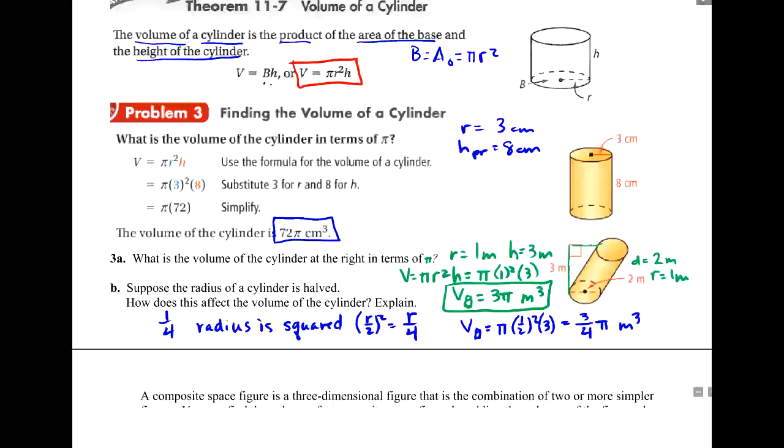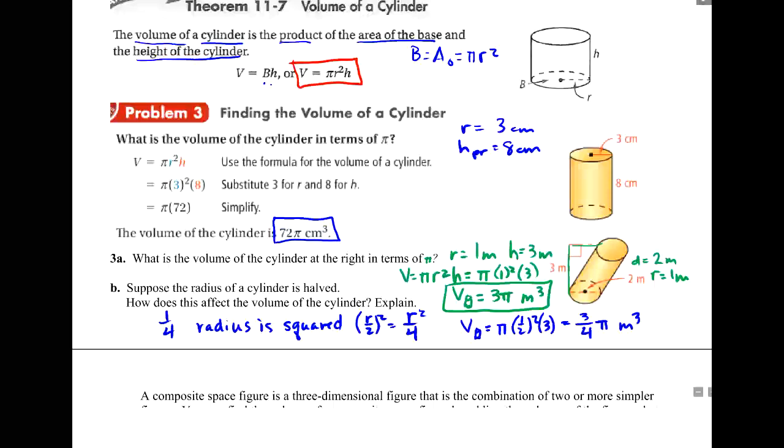The next question says, what if the radius of the cylinder is halved? How does that affect the volume? Well, it's going to be 1/4, because in our formula, radius is squared. So if we divide our radius by 2, if you remember your rules for exponents, everything in there gets squared. It's radius squared over 4, and that's 1/4 of the volume.